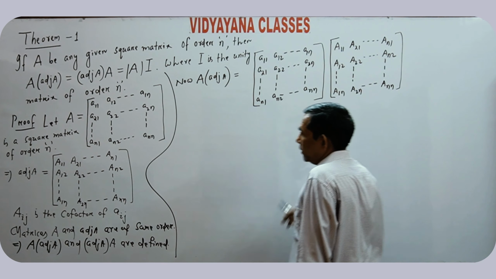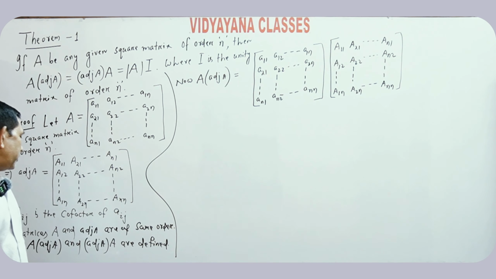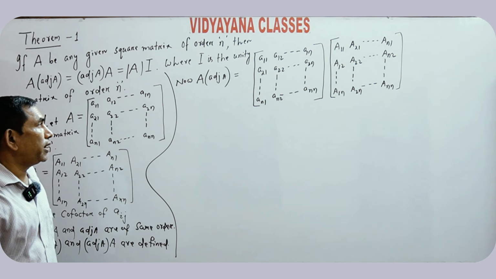It is also a square matrix of order n. Both A into adj A and adj A into A are defined.